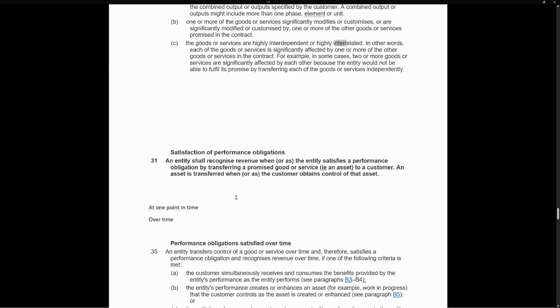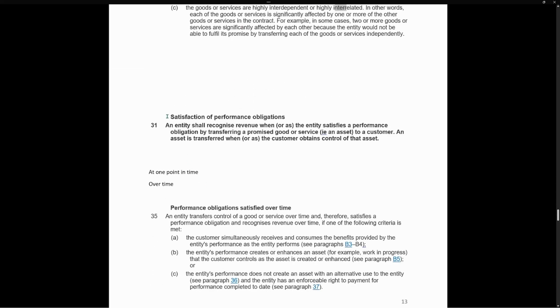When you have done that, you will go through the satisfaction of performance obligation, which starts from paragraph 31. In this part, you will see that an asset is transferred when the customer obtains the control of that asset. This word is very important. Do remember that I talked about IFRS 15 being mostly focused on control, and ASPE 3400 mostly focused on the risks and rewards.